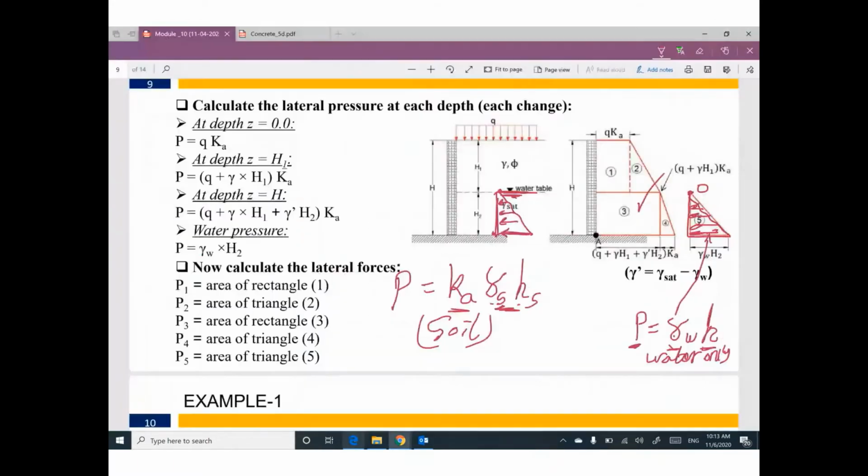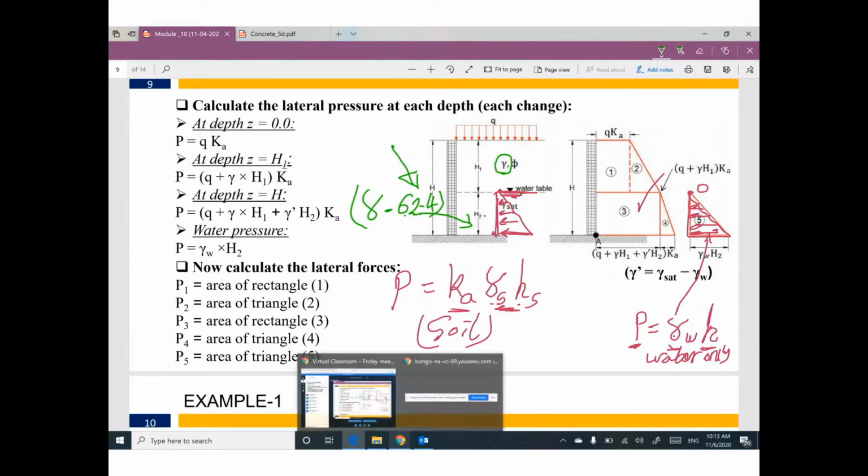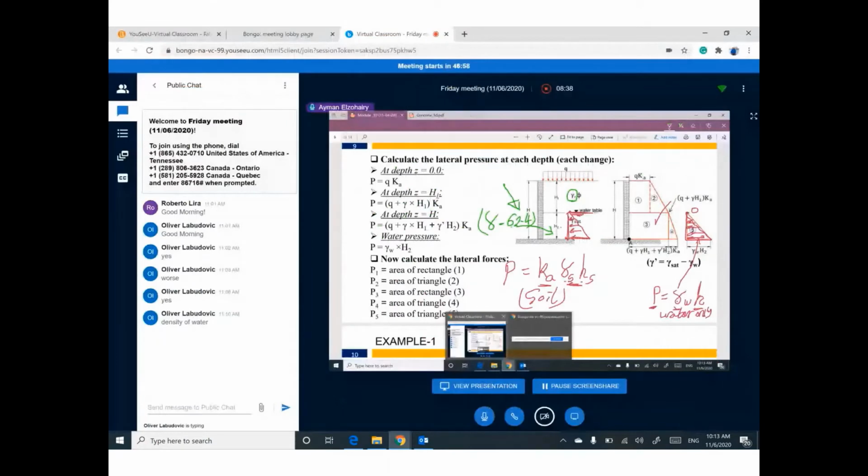And also, if you have soil without water, you can use this gamma. But if you have soil with water, the gamma here must be subtracted by 62.4 before using it. Can you tell me what is the meaning of 62.4? Do you remember the meaning of 62.4?